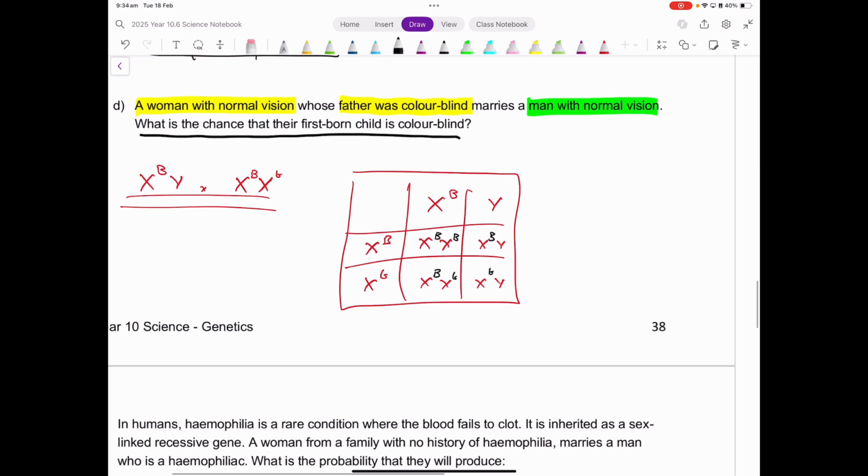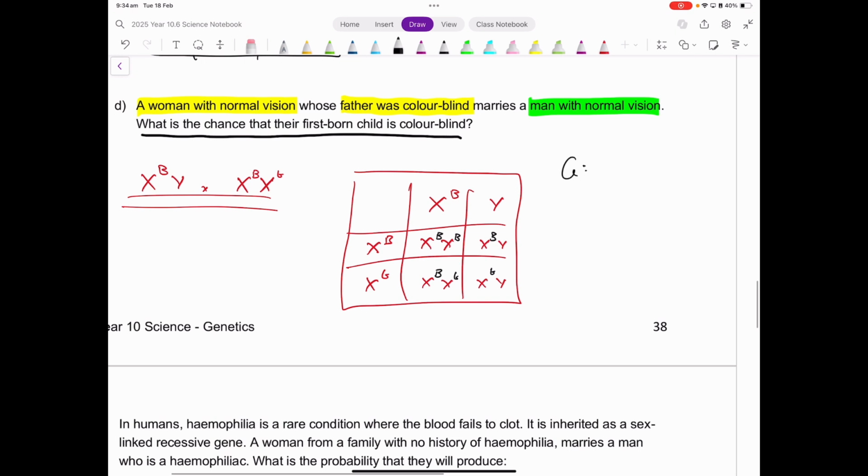As some of you have argued, do I need to write out genotype and phenotype? The answer is no. Should you anyway? Yeah, okay. The reason I say you should do it anyway is it's good practice and all you're providing yourself with is more information, right? So when we're looking here, the potential genotypes, I'm going to represent them as a ratio, okay?